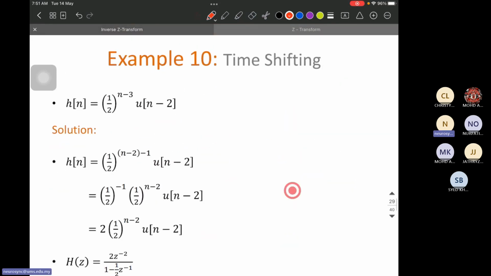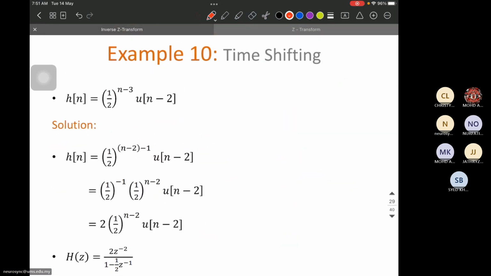Okay, now this is another example of time shifting. Here you can see we have u of n minus 2, but a to the power n minus 2 is not there. Therefore, we can split this like this: 1 by 2 to the power minus 1, 1 by 2 to the power n minus 2. This minus 3 we can write as minus 2 minus 1. Then u of n minus 2. Now we can apply the formula.